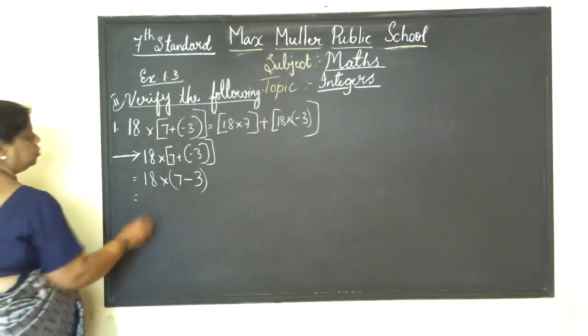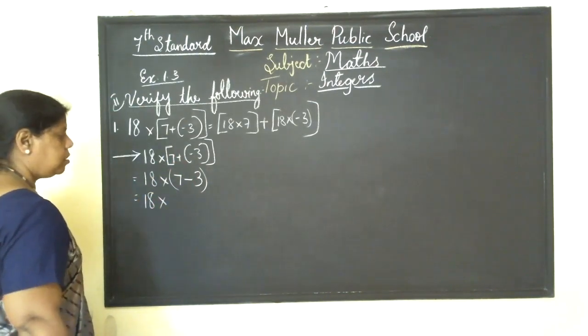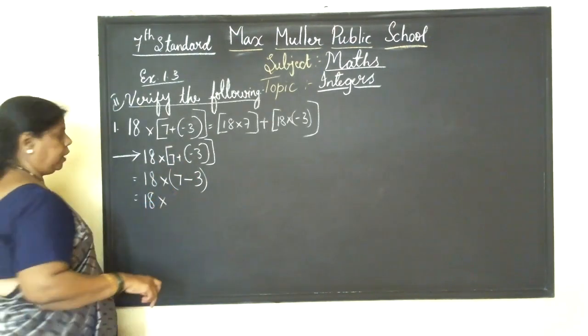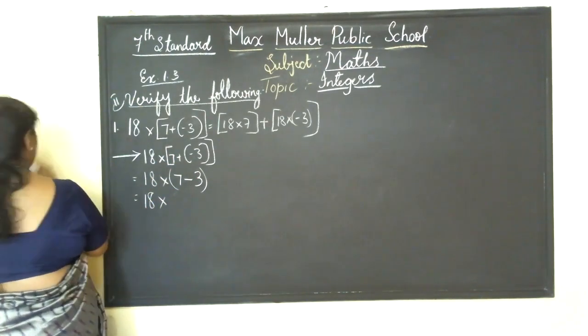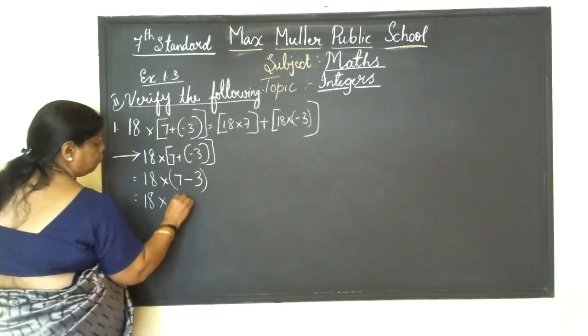Is equal to 18 into (7 minus 3); this 7 minus 3 is by the closure property. 7 minus 3 is 4.